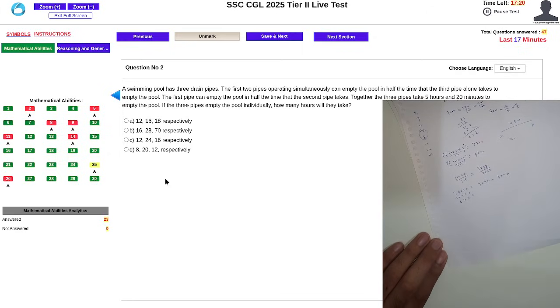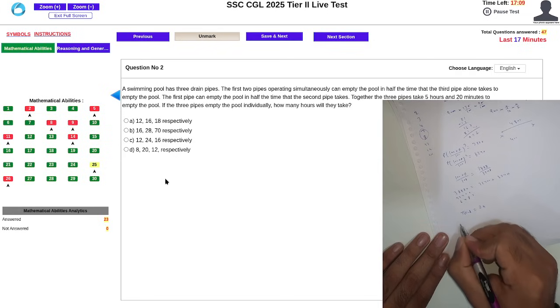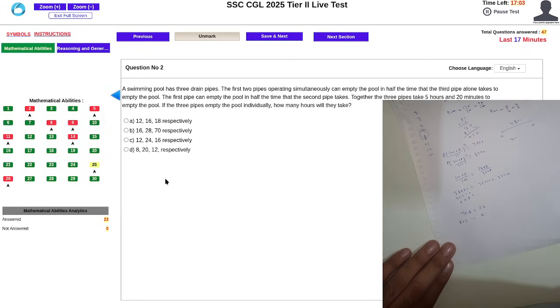A swimming pool has 3 drain pipes. The first 2 pipes operating simultaneously can empty the pool in half the time. The third alone, तो थर्ड जी 2x टाइम में करती हैं, फर्स्ट प्लस सेकेंड x टाइम में करते हैं.